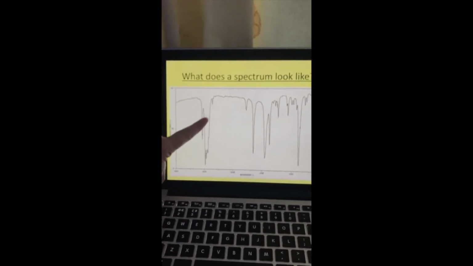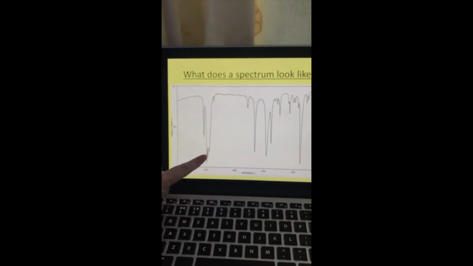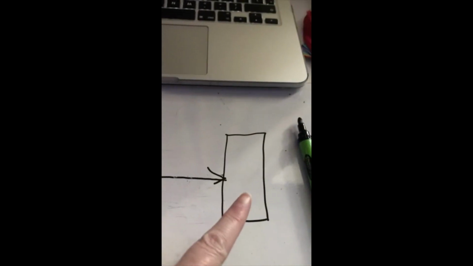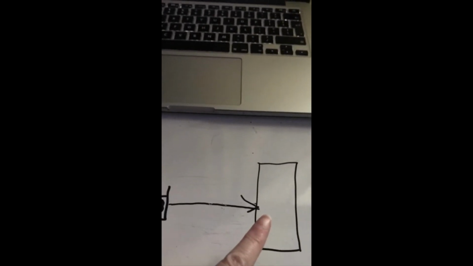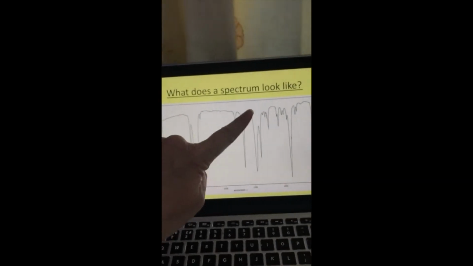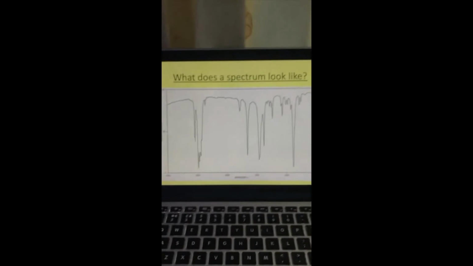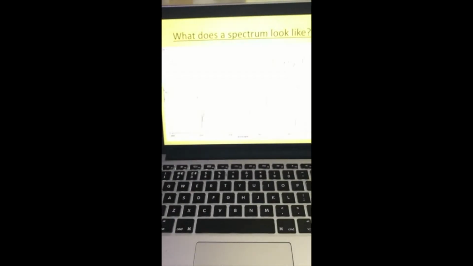And so virtually all of it has been absorbed and very little of it passes through to my detector over here. So at that particular wavelength, my sample has absorbed it all and very little of it is able to pass through. So you get these little peaks like this going through. You see them? All right. So that's what your little spectrum looks like when you've passed it through the infrared spectrum.